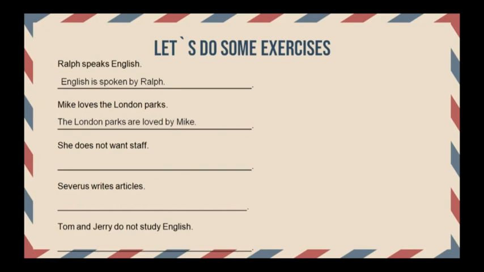Next one. She does not want staff. Okay, you can see that this is in negative form in present simple. So if your active sentence is in a negative form, the passive one has to be also in negative form. So staff is not wanted by her.